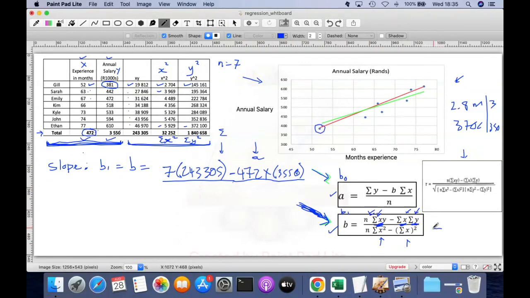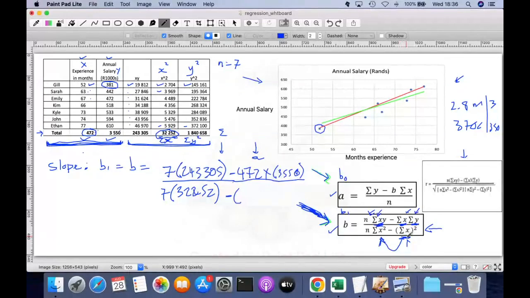Now we go to the denominator, everything in the bottom. The first value is your n, which is 7, times sum x squared. Sum x squared is this value in your table, 32252, which you've also put in the chat. Minus sum x, all squared. This part is not the same as the sum x squared. That one tells you to square the x first and then add it up.